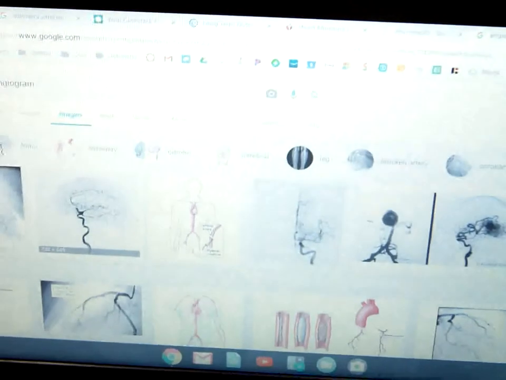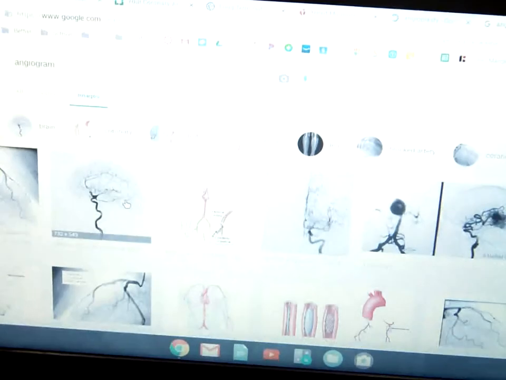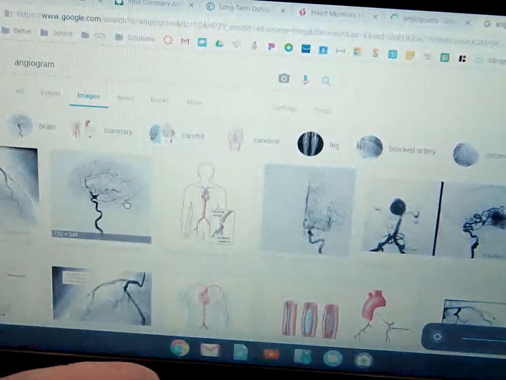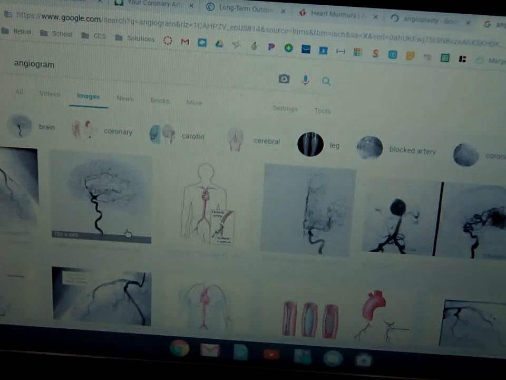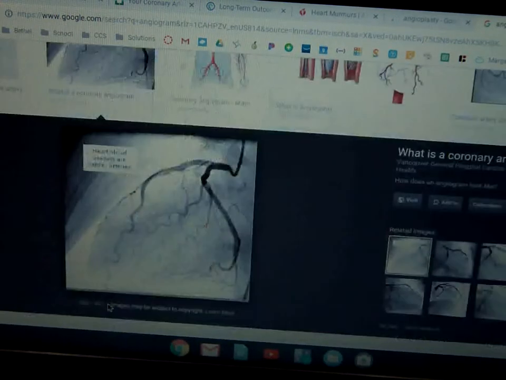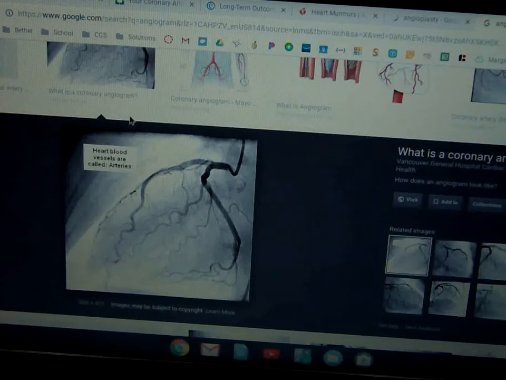See, like they can do an angio... Oh, it's a little too bright, so I can turn down the brightness here. So these are different angiograms. Here's one of the brain. Here's one of the heart. And they're looking for obstructions. They're looking for areas that are kind of narrowed.